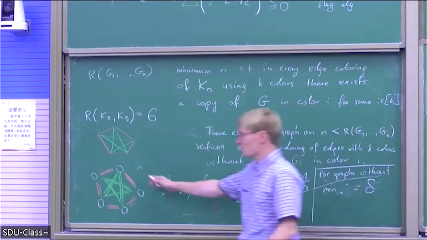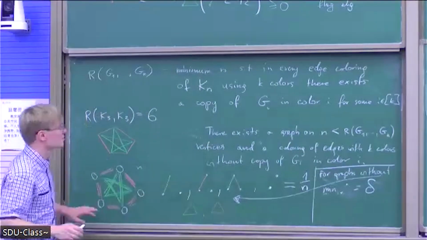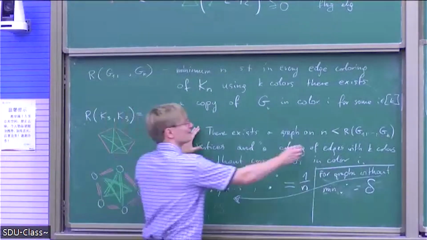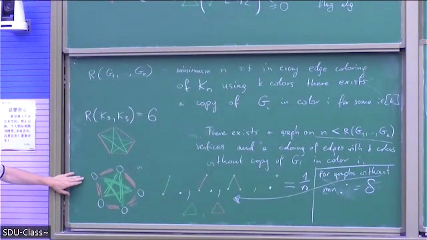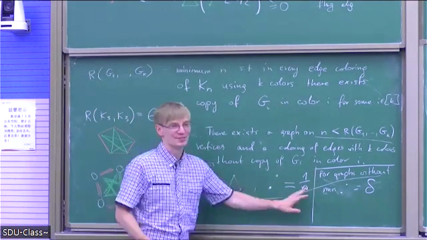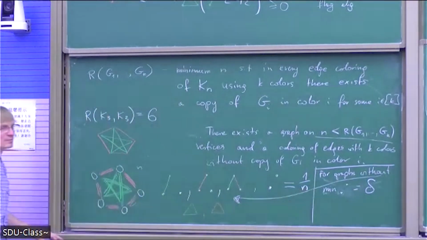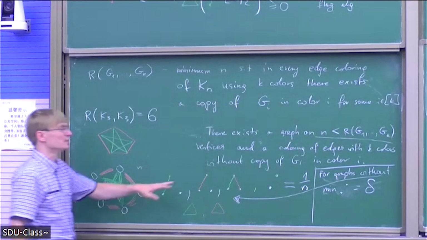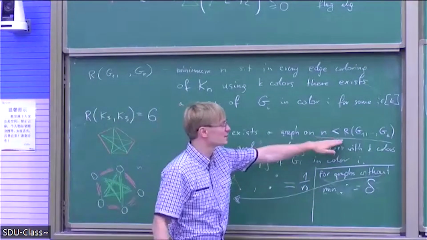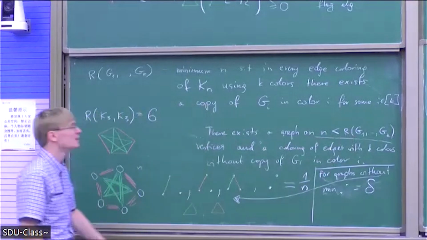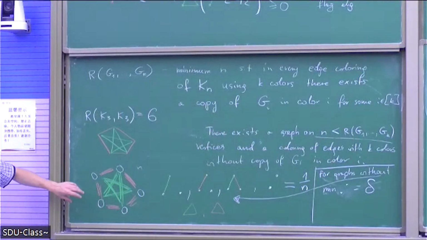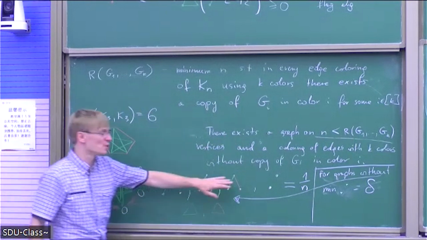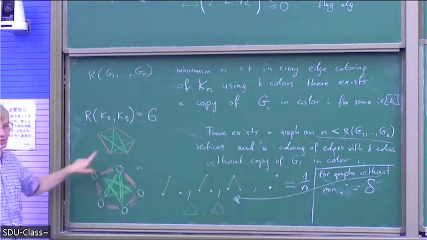Like in this case, it's 1/5. Yes, I was thinking in general here. In general, if I take any graph on some number n of vertices, which is less than this Ramsey number, then I have such a graph and I can blow it up, and the density of non-edges will be exactly 1 over the number of vertices in the starting graph.